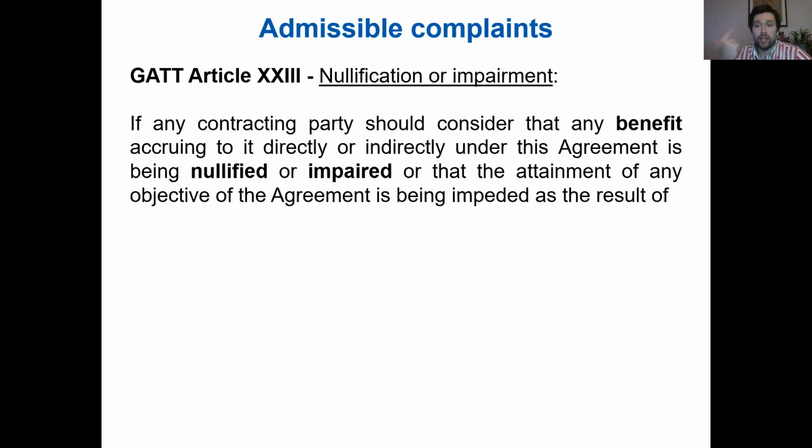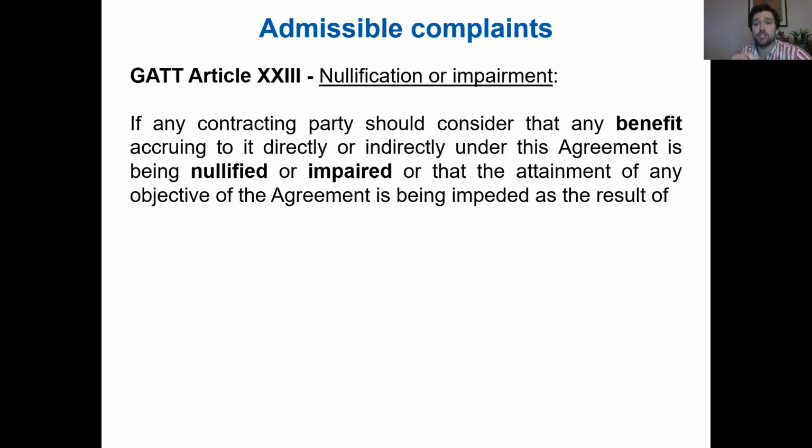So we can initiate a dispute if we demonstrate nullification and impairment of the benefit accruing to a WTO member under the GATT, or if we could demonstrate the attainment of any objective of the GATT being impeded.